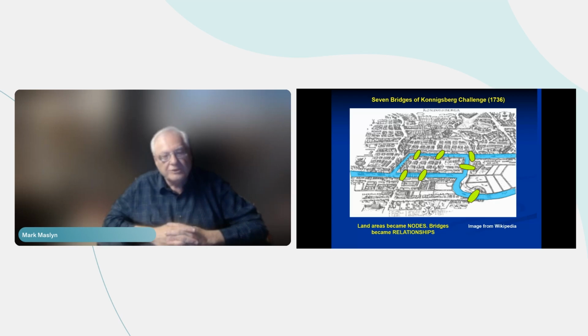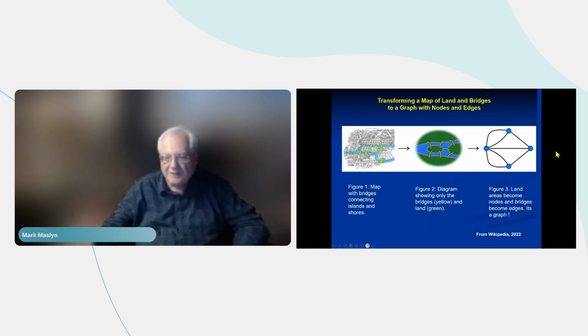And what you're looking at right now is, of course, the city, and the bridges are in green. But what ends up happening is we need to convert this to a graph. The very first stage of that was to take the map with the bridges, with the islands and the land areas, and then convert that to something that was more graph-like.